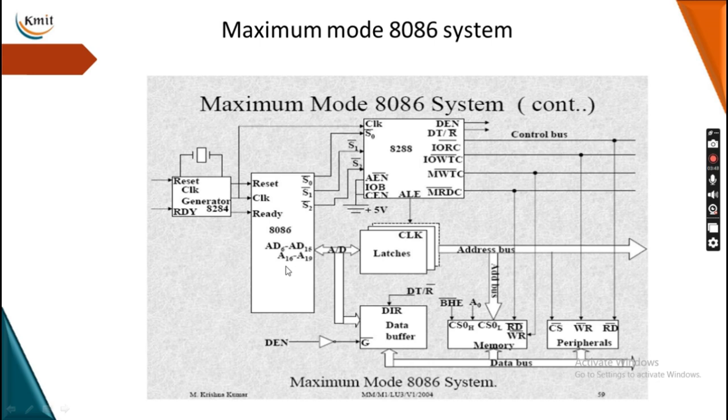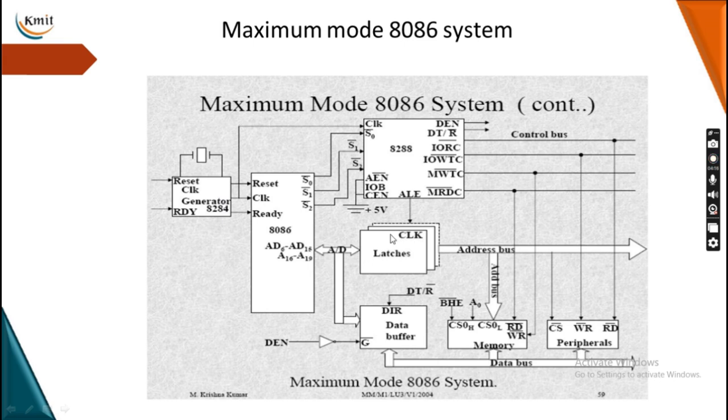Similar to your minimum mode 8086 system, we have a clock generator which generates a clock synchronizing with the 8086 inbuilt clock, with the help of a crystal oscillator of some 5 megahertz of frequency. Clear?